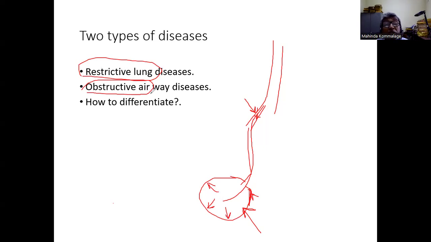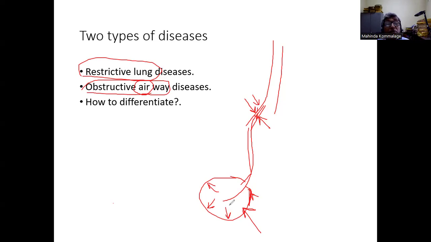Then the other way is obstructive airway disease. So remember, this is an airway problem, not an alveoli problem. Obstructive airway disease includes bronchial asthma, and of course there are some other examples. Restrictive lung disease includes lung fibrosis and some other conditions.